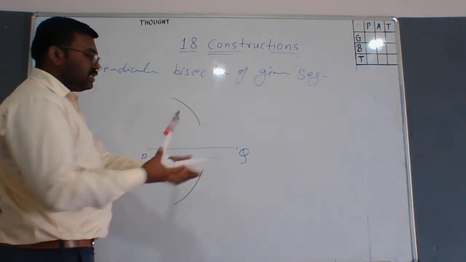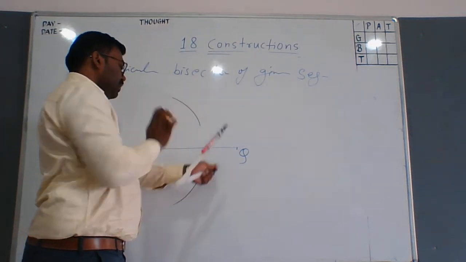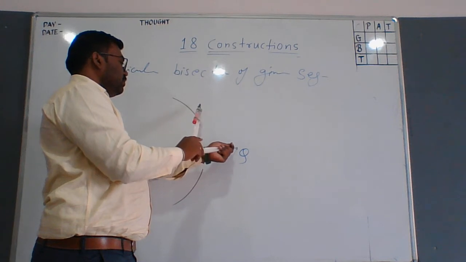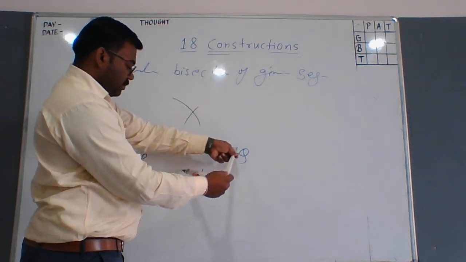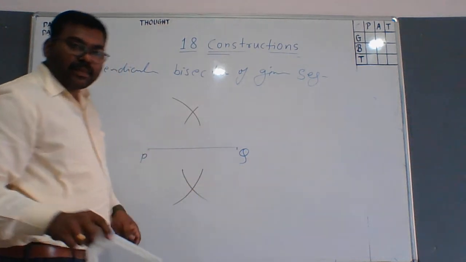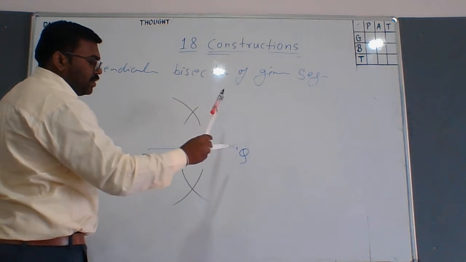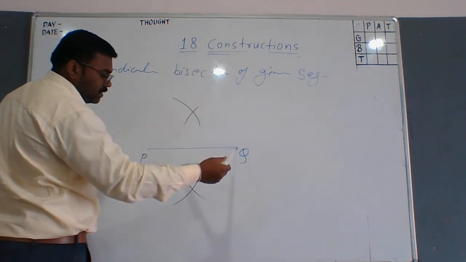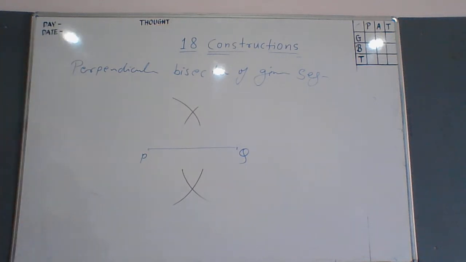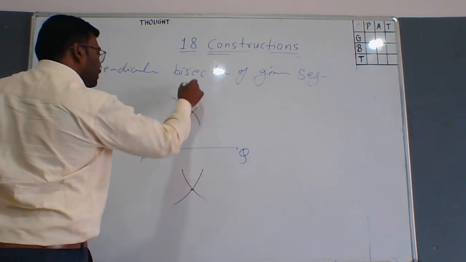With the same distance, we will put the pointer on Q and cut this arc. Okay. In the upward and downward direction, we have cut the arc. From here, the first arc is cut and also the second arc is cut from the point Q. Now, these 2 points are here.